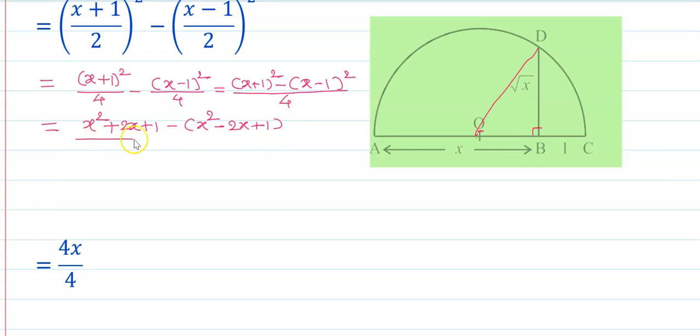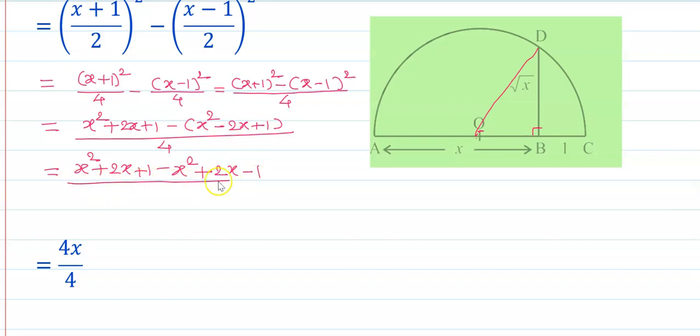As outside this bracket there is a minus sign, the sign will change: x square plus 2x plus 1 minus x square plus 2x and lastly minus 1, and this whole divided by 4.